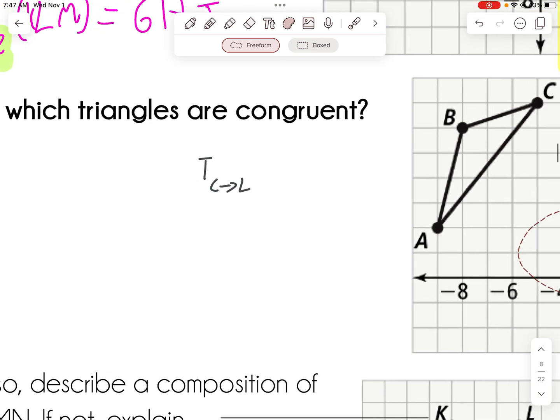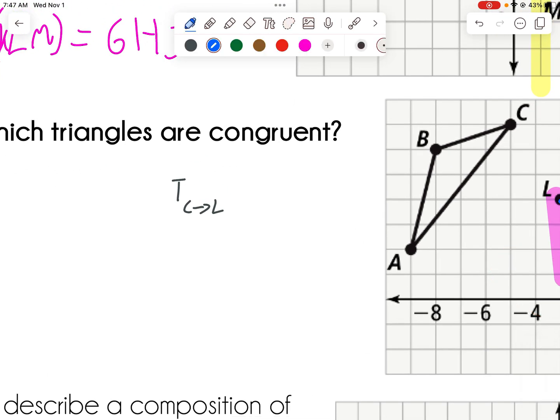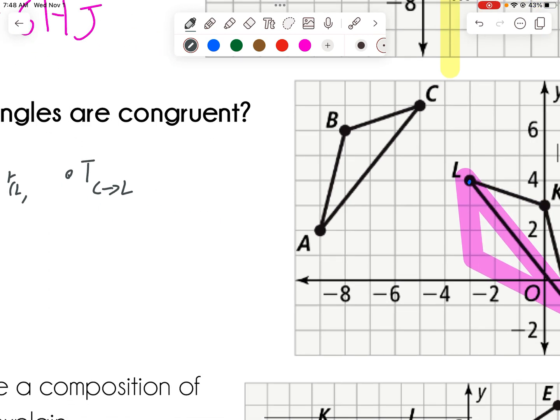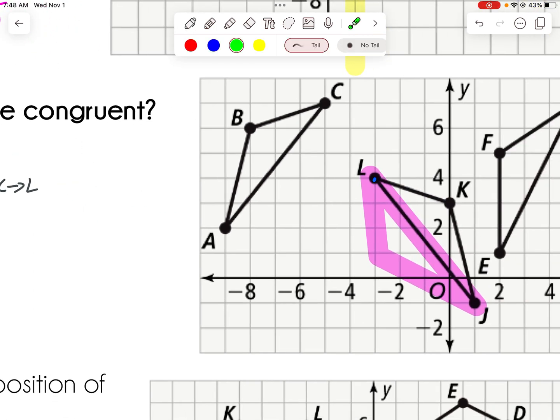There we go. So my second transformation is going to be a rotation. I'm going to rotate around L so that one side matches. And an easy way to describe this is just to think about what point met. So this is my long side here.